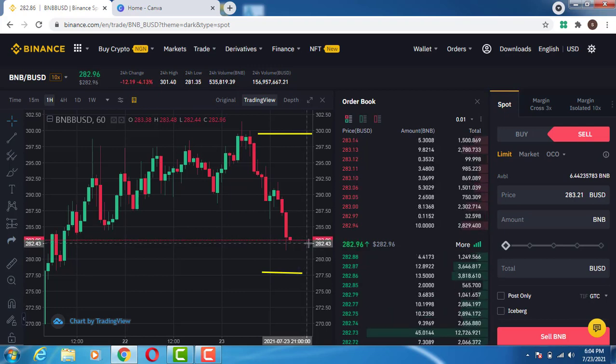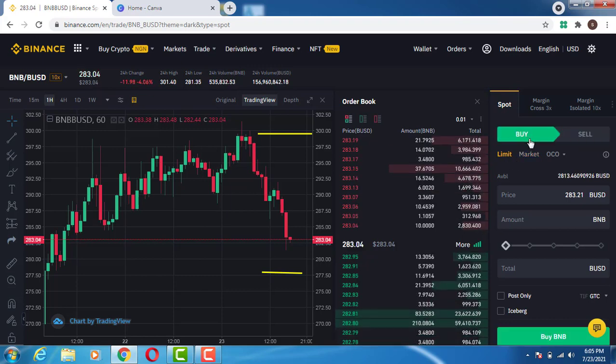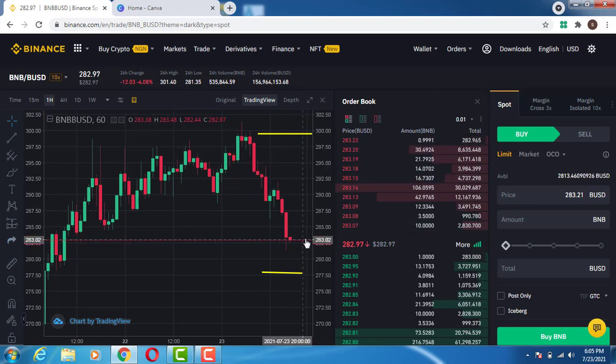The reason is because from this very market price, which is 282.97, there are a lot of buyers that are willing to buy from you as a seller. So if you mistakenly place a sell limit order below the current market price, it will execute like a market order. The same thing if you place a buy limit order above the current market price, in this case 283.03, you place the order as a buy limit, it will execute instantly.